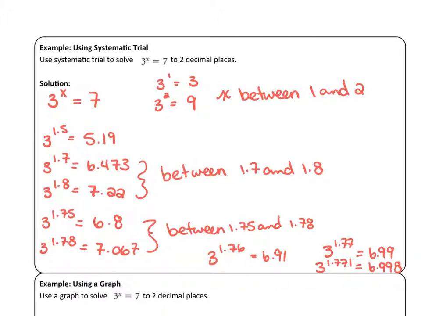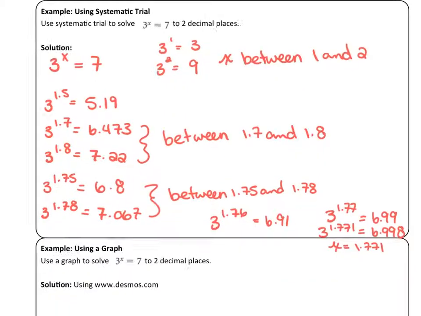So I'm going to say that x in this case is 1.771. So that's how you do it with trial and error. Yes, it can be tedious, and you have to do a lot of guessing or trying it out. It's not hard, it's just tedious.